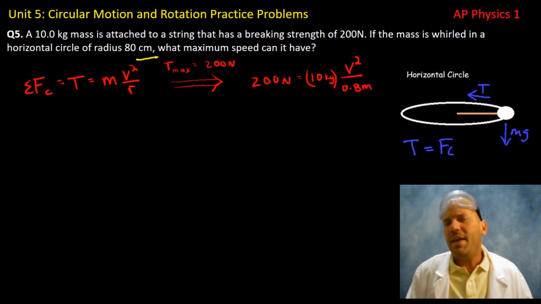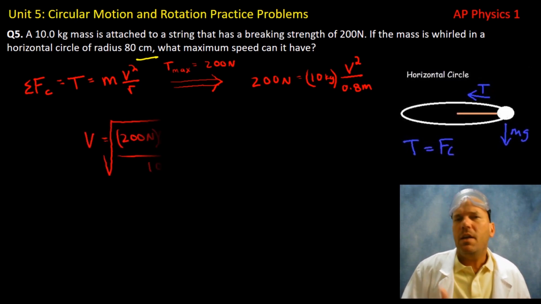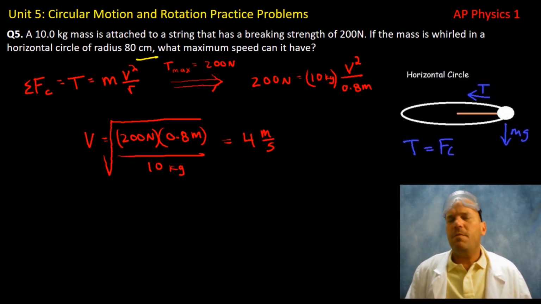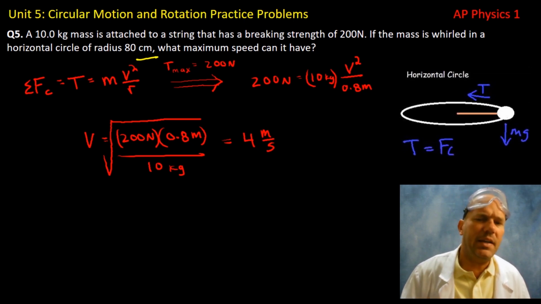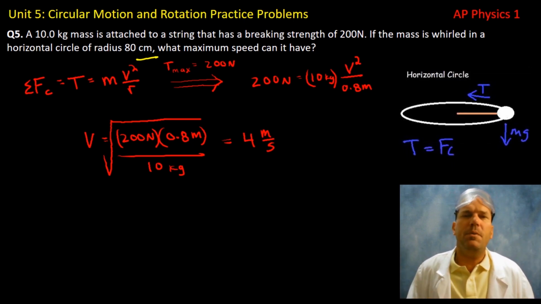We've converted 80 centimeters into base SI units of 0.8 meters. We have velocity squared in the numerator. The square root, therefore, would give us a maximum velocity of 4 meters per second inward. Okay, so that would be our maximum speed that we can have.